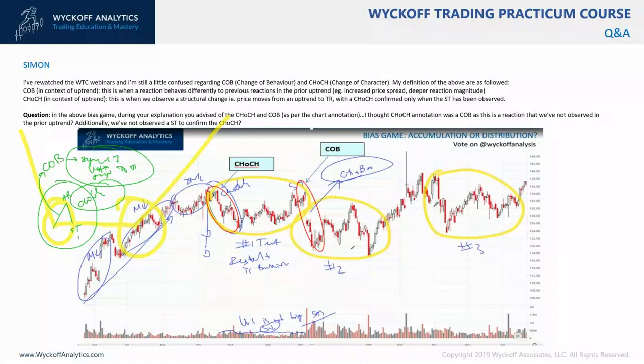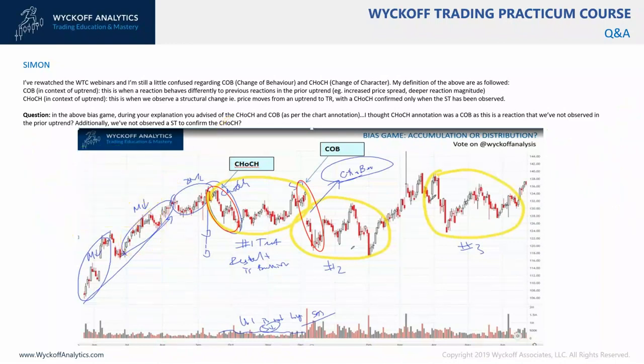We might have situations where some buying is not necessarily going to produce a change of character. It just produces a temporary change of behavior that later fails. So we really need to see the confirmation where the secondary test happens and the price goes up instead of failing. And that's the biggest distinction here.